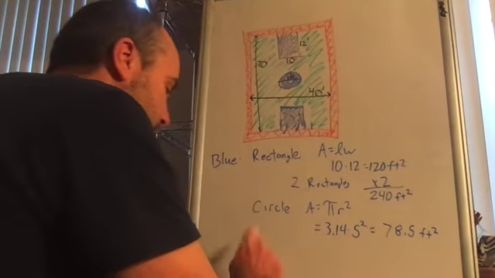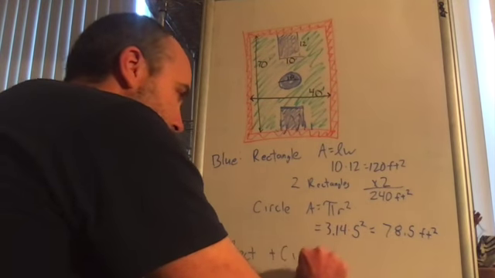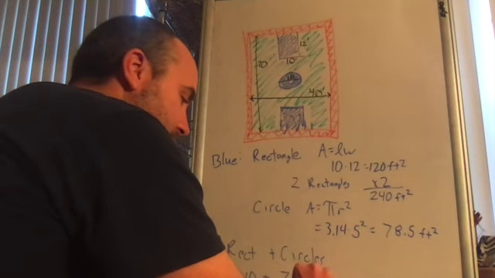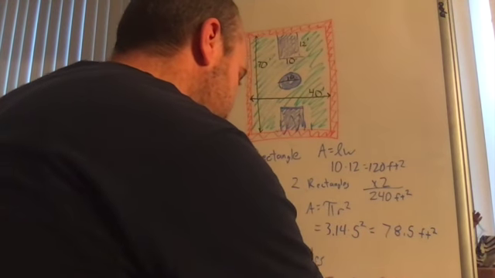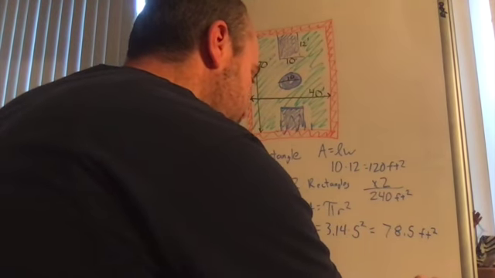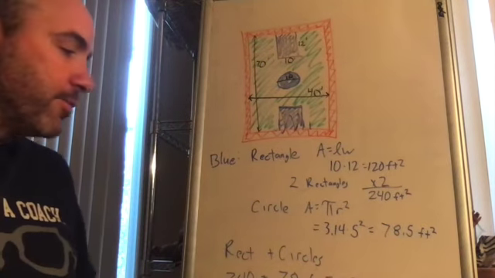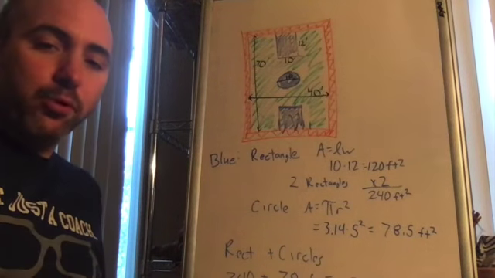So the rectangles plus the circle is 240 plus 78.5. So we have 318.5 square feet. All right, so there's the procedure of finding the area of the blue part.